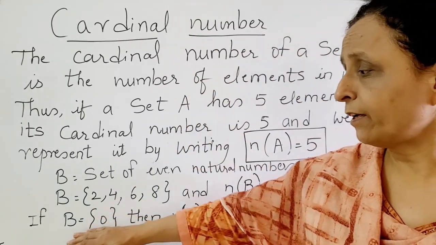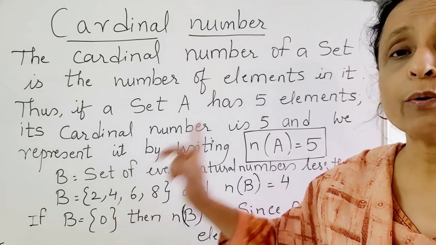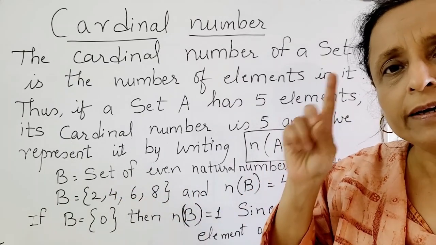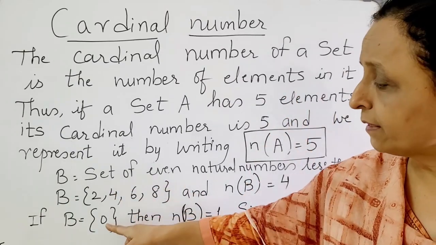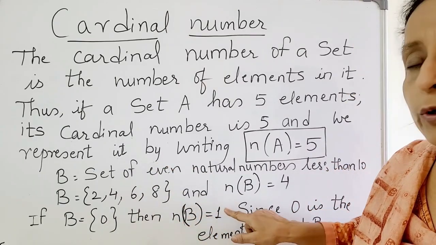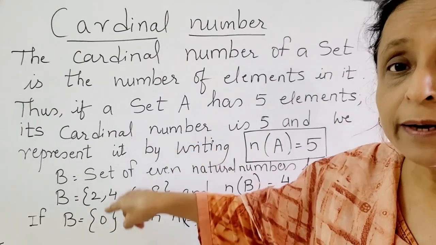Now, for example, if it is given B is equal to, in curly brackets, 0. There is one element in it. So how do you represent this? Number of elements in set B is equal to 1, because there is an element in it.